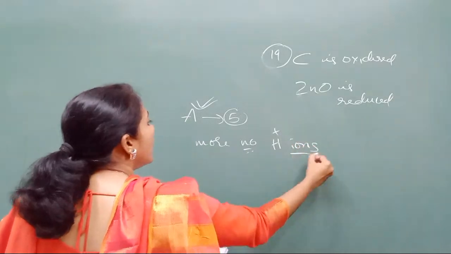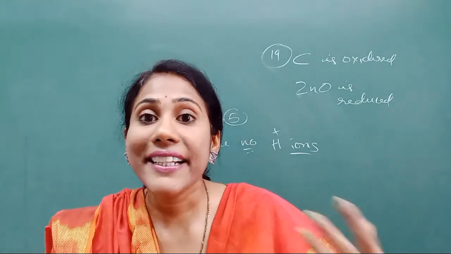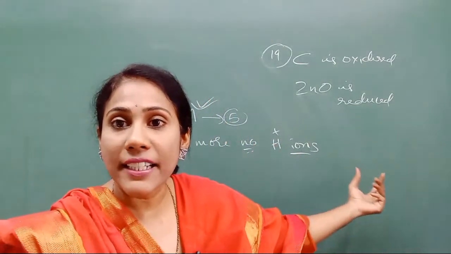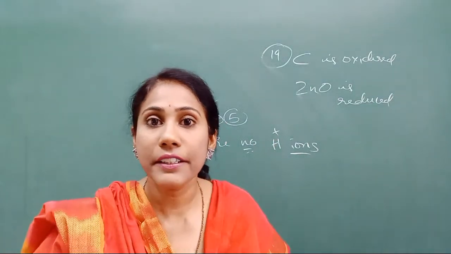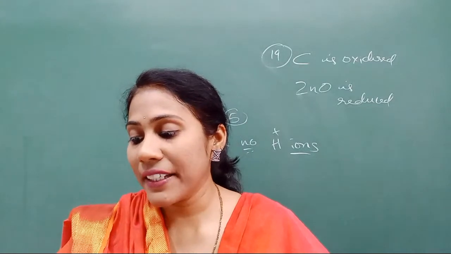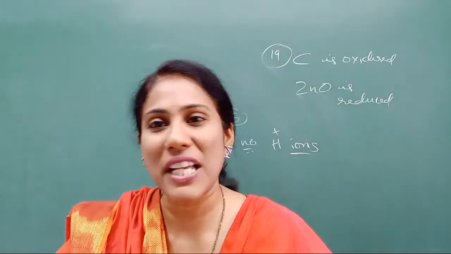When something has a very acidic pH, what does it mean? It has more H plus ions. Okay, so that is your answer. Clear? Fine. And coming to the 21st question, the diagram to show the arrangement of testing conductivity of salt solution.